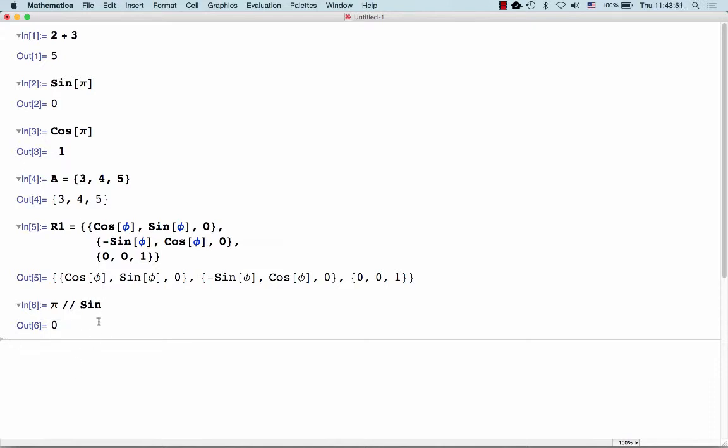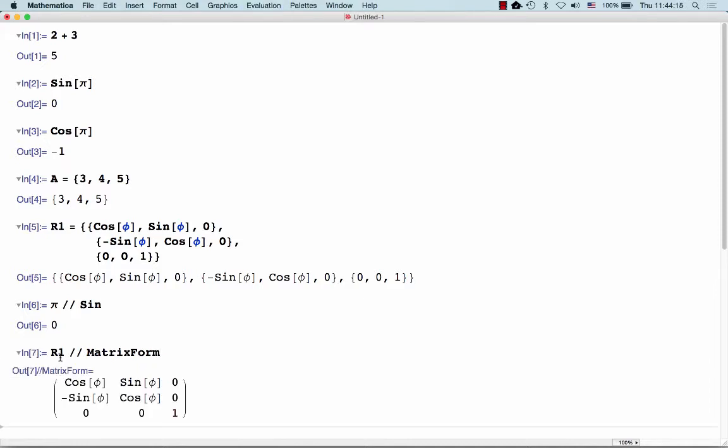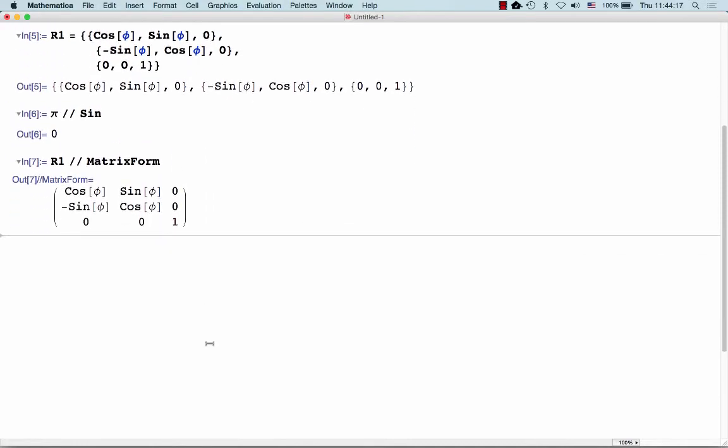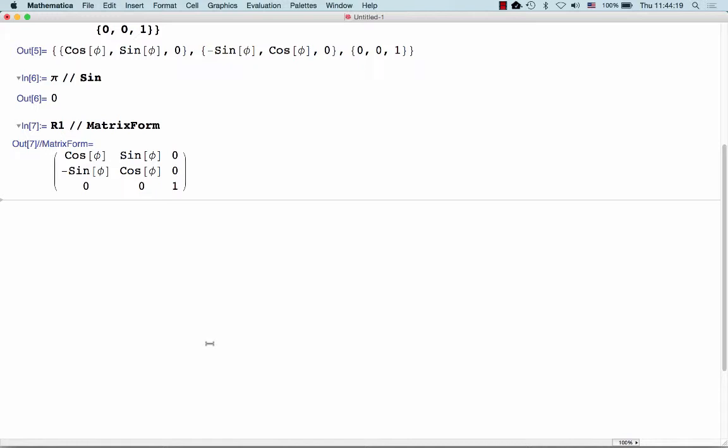And you can string these along, taking the output of one thing and sticking it into the input of the next. Where this kind of format is sort of handy is if we're wanting to view R1 as a matrix, it's usually easier to type slash slash MatrixForm, like so. And then you can see it puts it into something that you and I can actually read.